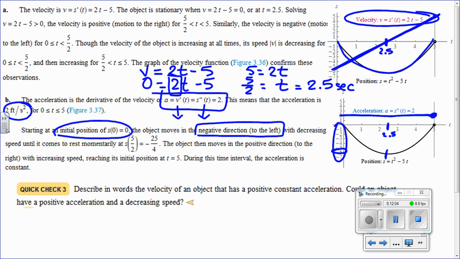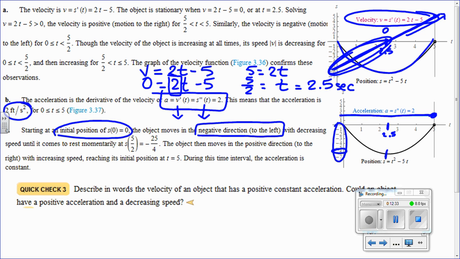Well, as you approach 2.5, the magnitude of the velocity just keeps getting smaller. The more left you go, the bigger the negative number is. So it'll be like -5 meters per second, and the closer you get to 2.5, it'll be almost 0 meters per second. Oh, and then it's positive. It gets bigger again. Okay.